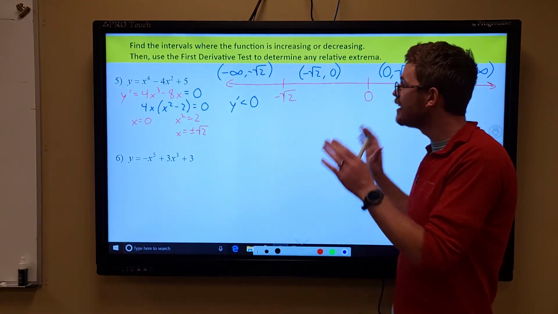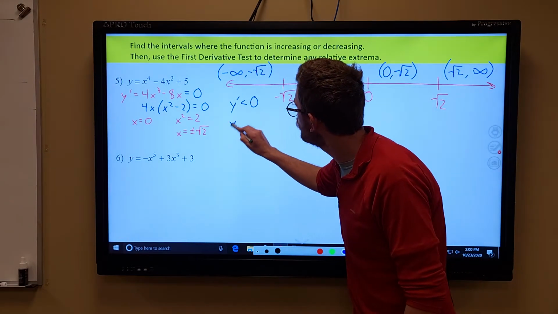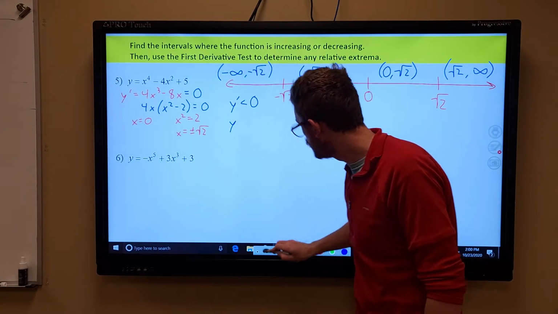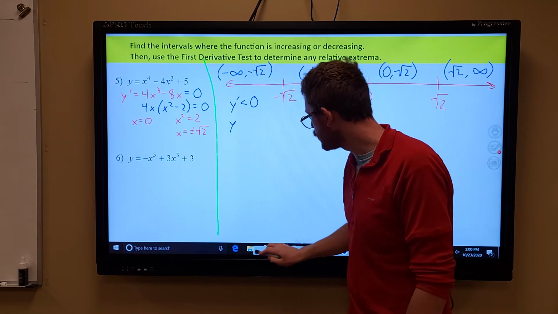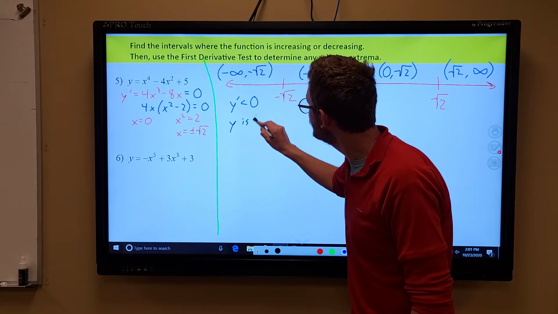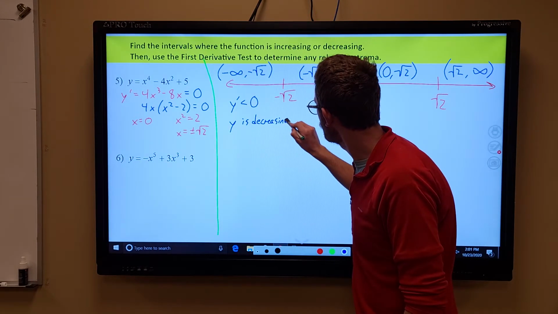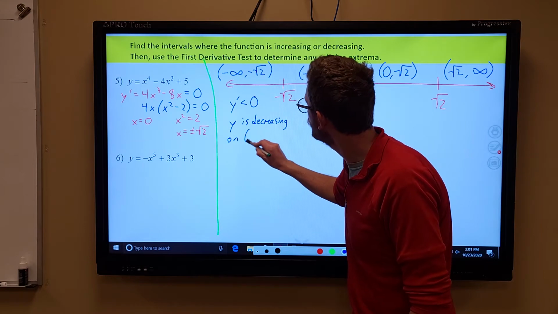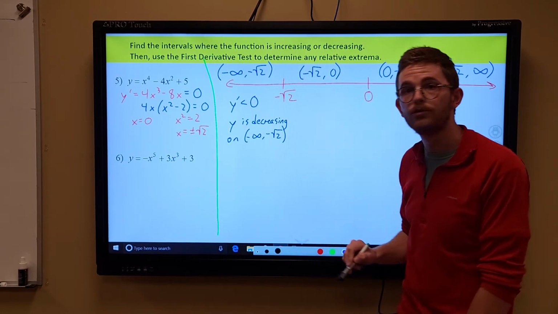And because it is negative on that interval, I know my original function y is decreasing on this interval from negative infinity to the negative square root of 2.